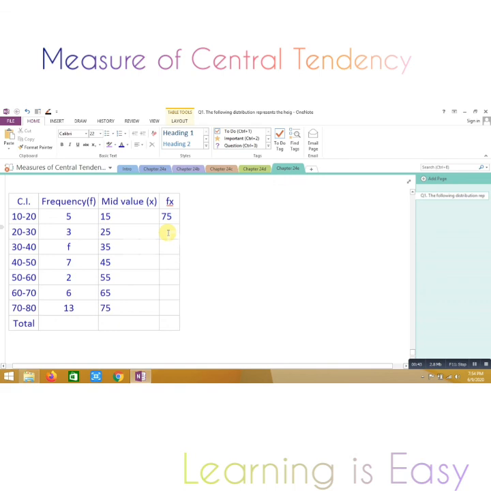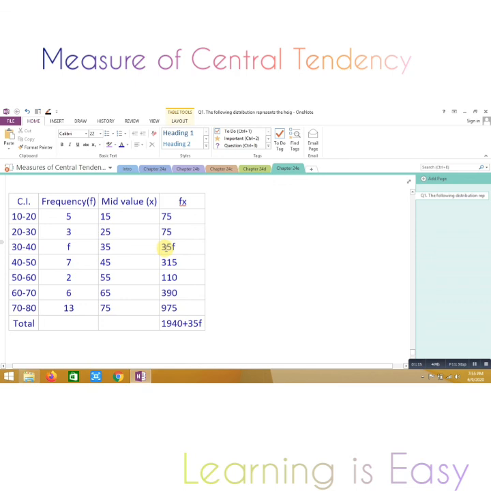So 15 times 5 is 75, 25 times 3 is again 75, 35 f, 45, 7 times is 315, 55, 2 times is 110, 65, 6 times is 390, 13 into 75 is 975, so the total is 1940 plus 35f.